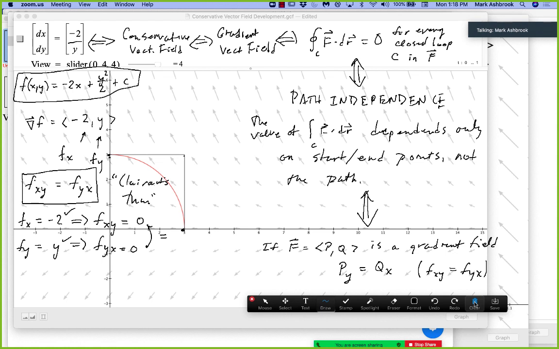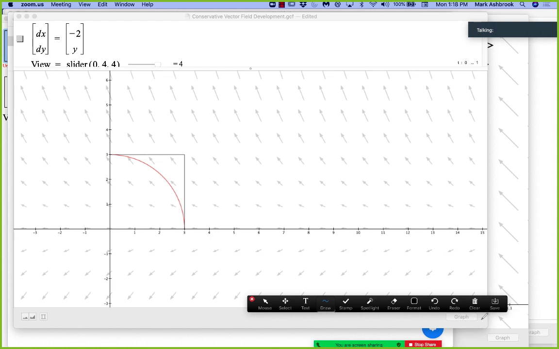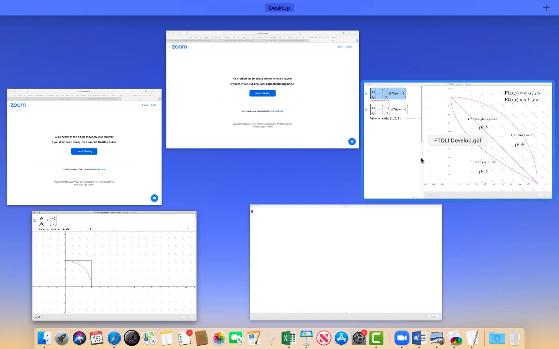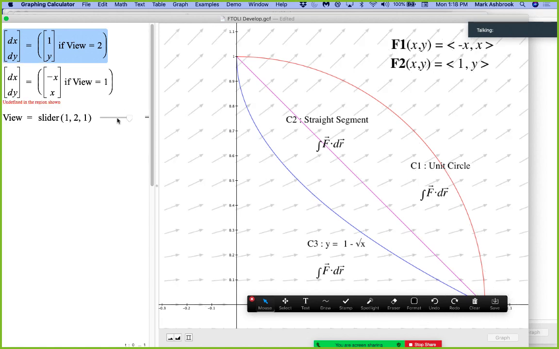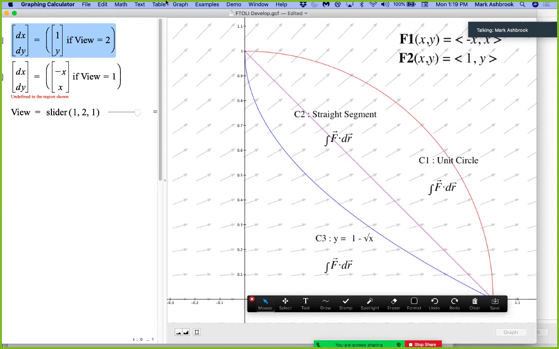Okay, so let's take a look at this one then. Here is the same vector field. Did we have it slightly different? Was that one negative 2y? Yeah, that was negative 2y. So here's 1y.